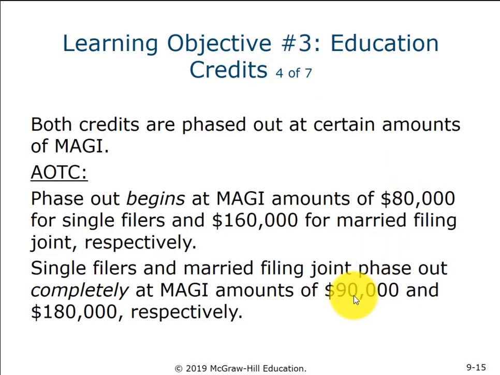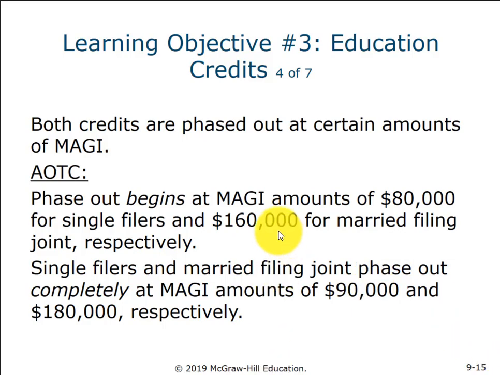If you're over 90, you get 0, and in between you get the portion that you are under the phase out range, or you can subtract the percentage that you're over the 80,000, however you want to figure that. And for married filing jointly, it's a 20,000 range that starts at 160.